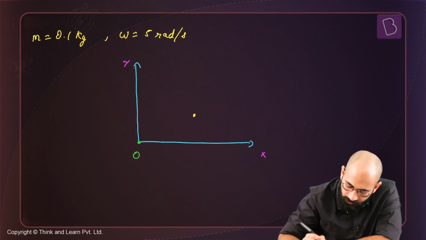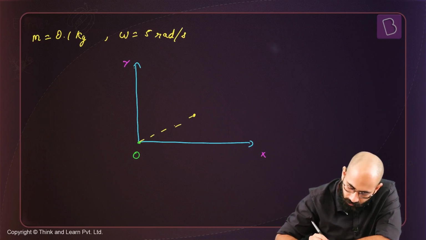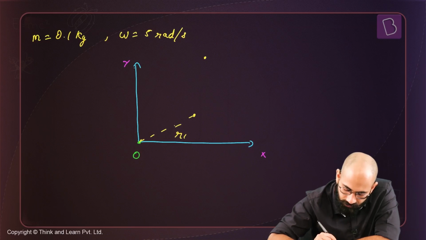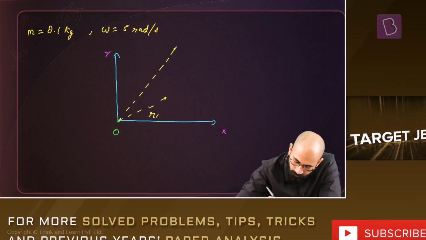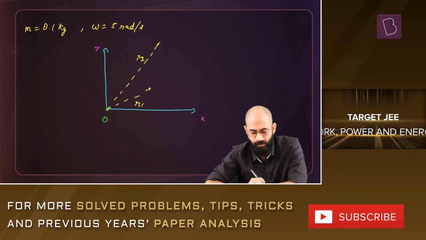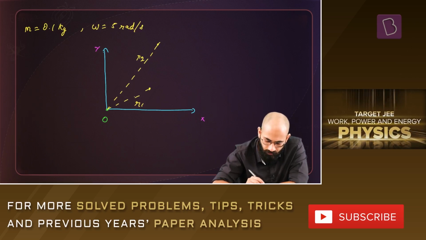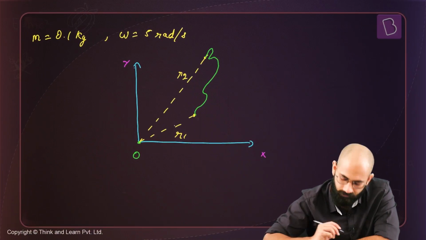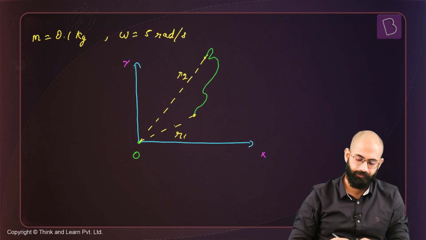There's one over here, let's say at a distance of R1, and I have another point over here, let's say somewhere here at a distance of R2. And let's again assume that this body is moving through a random path like this, because it says it's an arbitrary path.